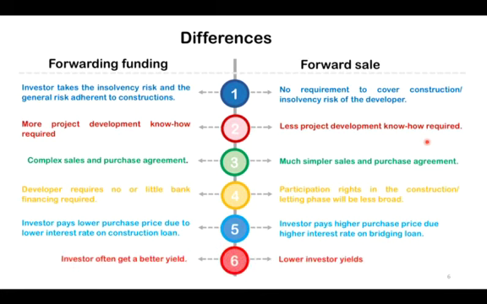And then the last difference you would observe is that in a forward funding arrangement, investors often get a better yield. And this is because the purchase price is lower compared to the higher purchase price in the forward sale agreement, which eventually results in a lower investor yield.